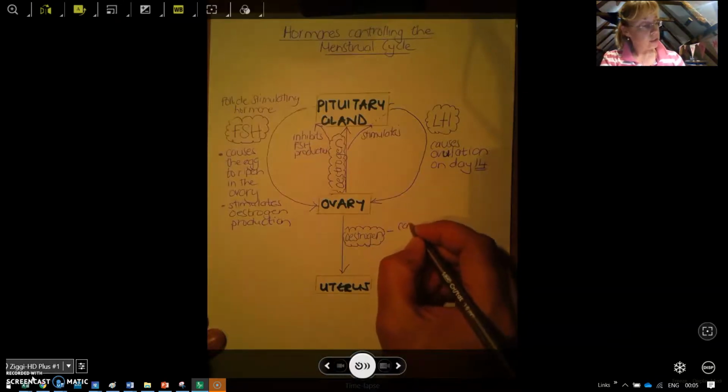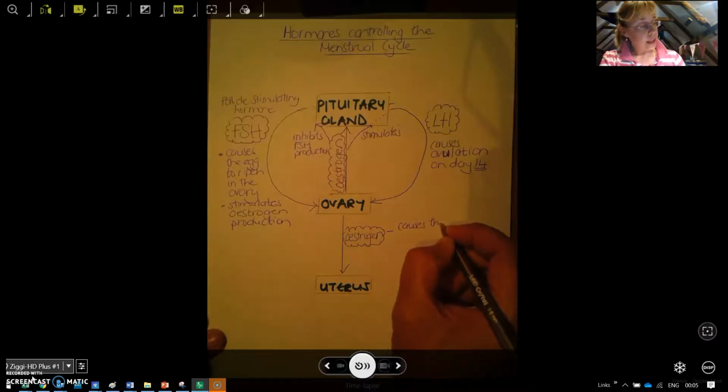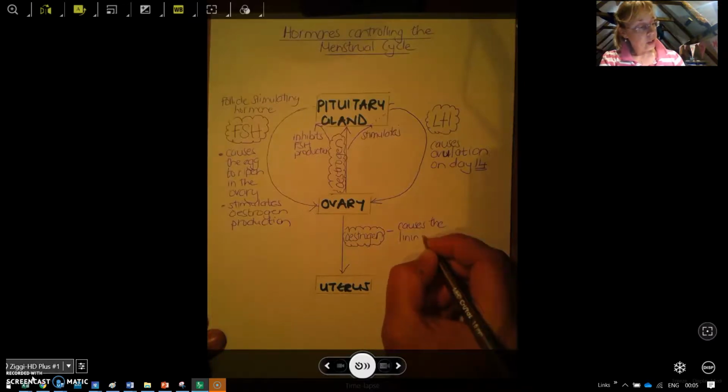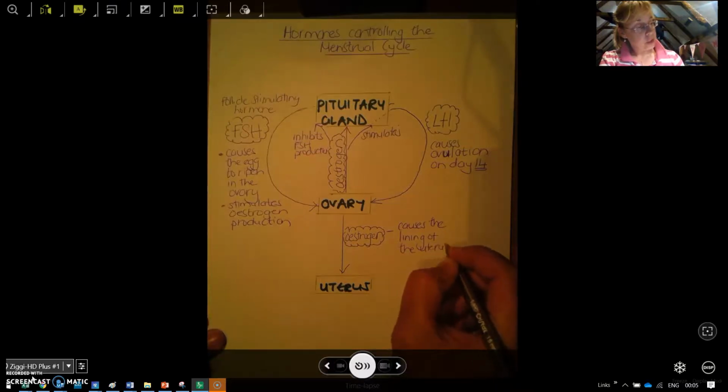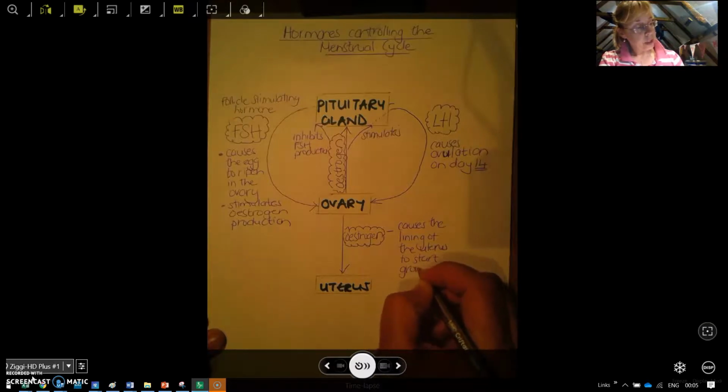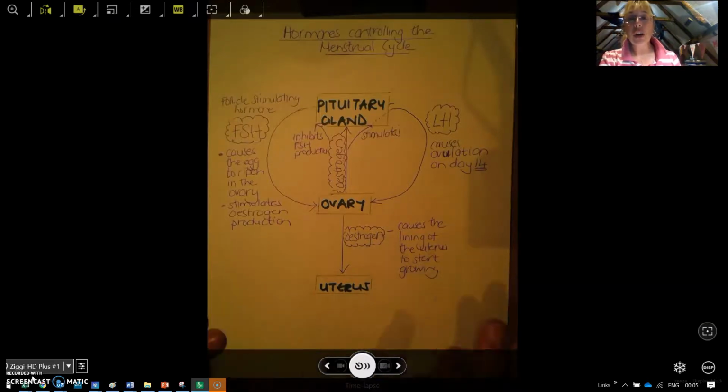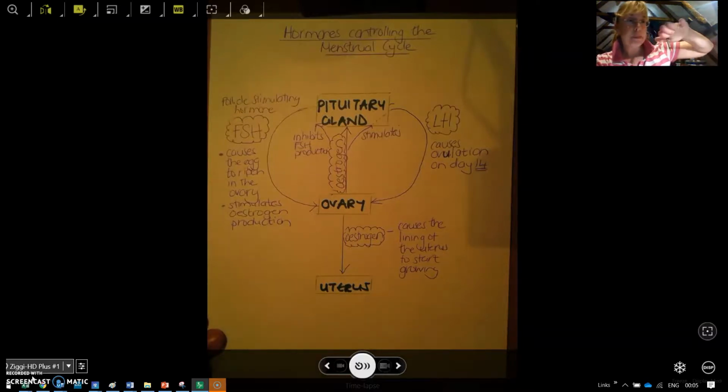So it causes the lining of the uterus to start growing. So that's going to happen soon after you've had your period, and the lining will then start to build up. On the graphs we see it building up until it becomes flat. Okay.